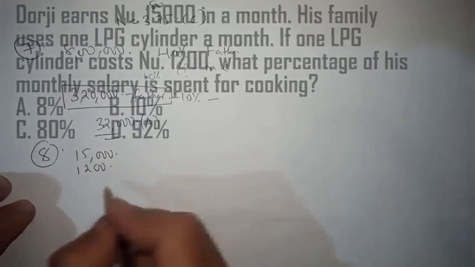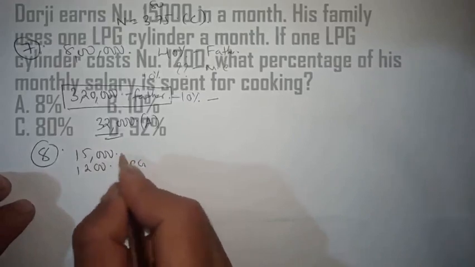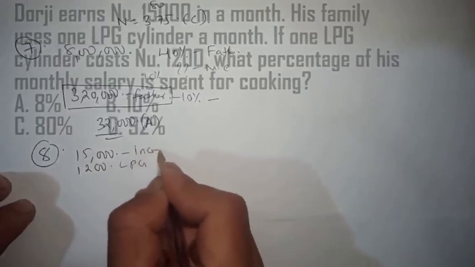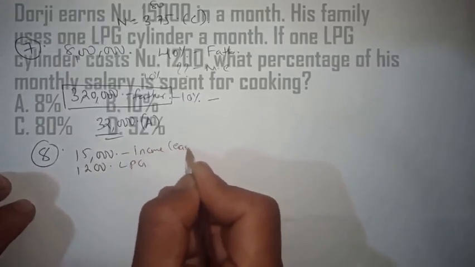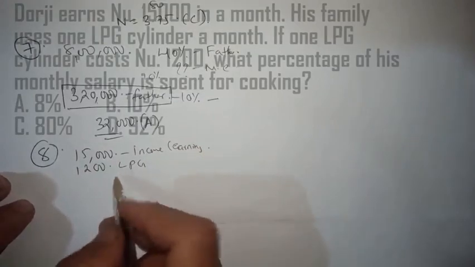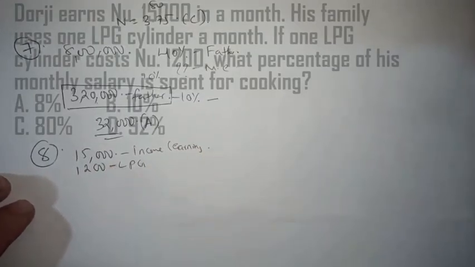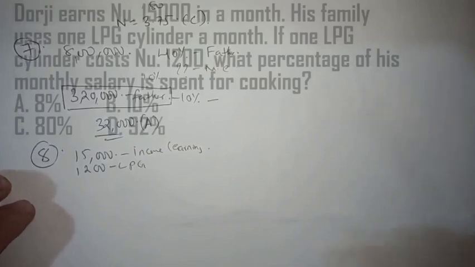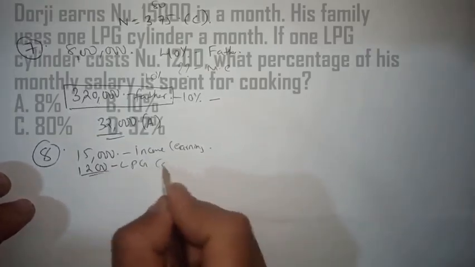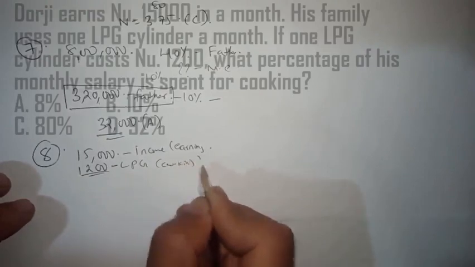1,200 for LPG, and his income, that is earnings, is 15,000. Tell what percent of his monthly income is spent on cooking. So what percent is it?